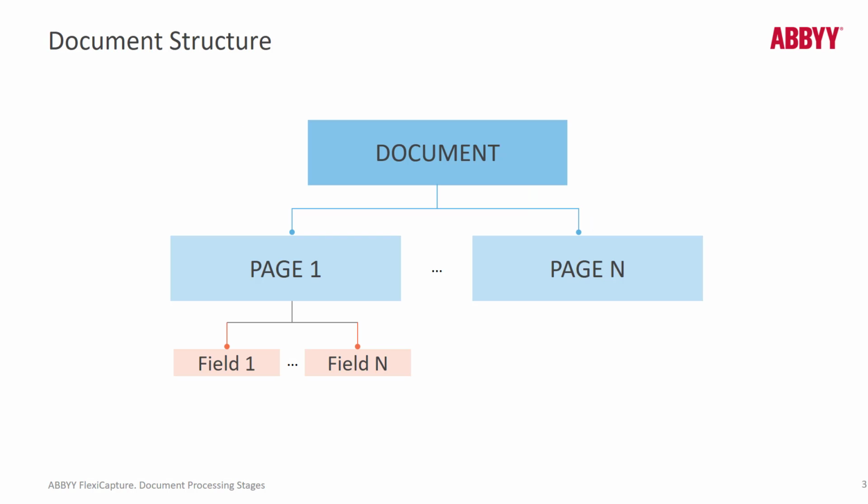So a document in FlexiCapture is a single form, but it could be a multi-page form. A page is a one-sided document image, and a page can have one or more fields. So a document can have multiple pages.